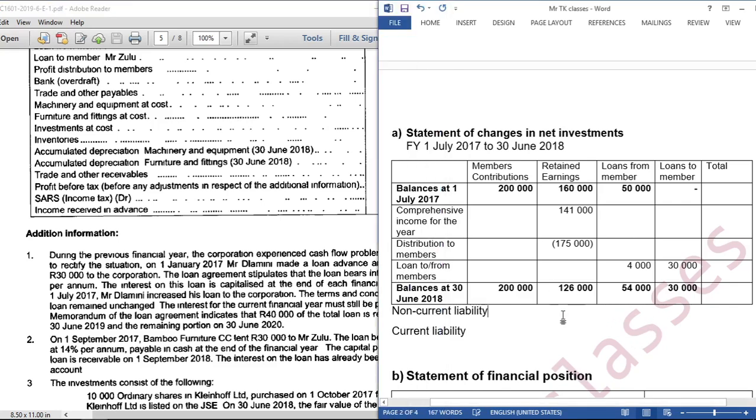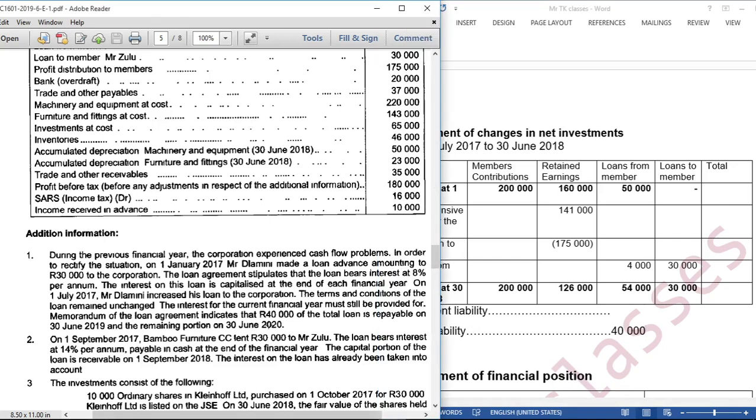The memorandum indicates that the remaining portion is repayable on 30 June 2020.